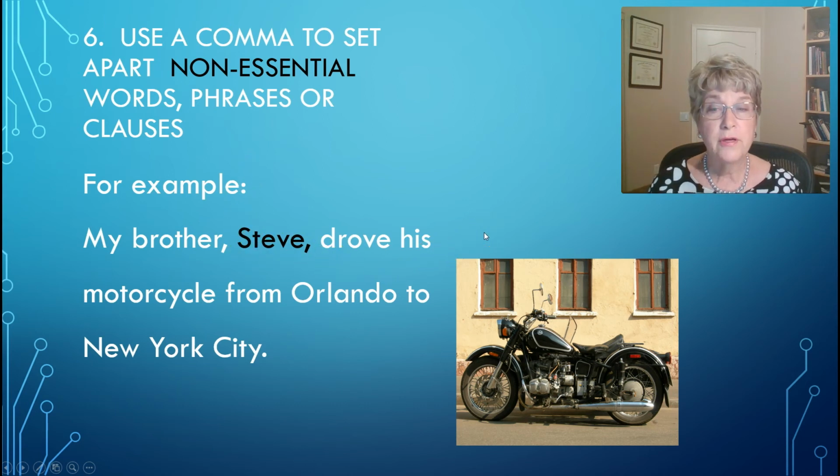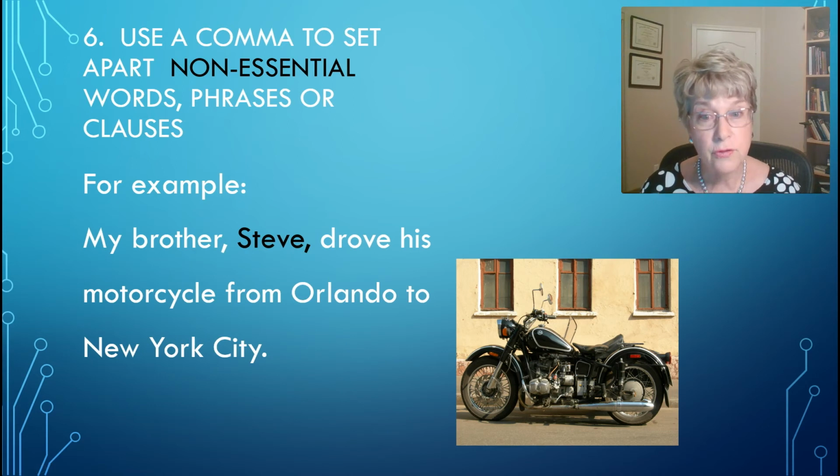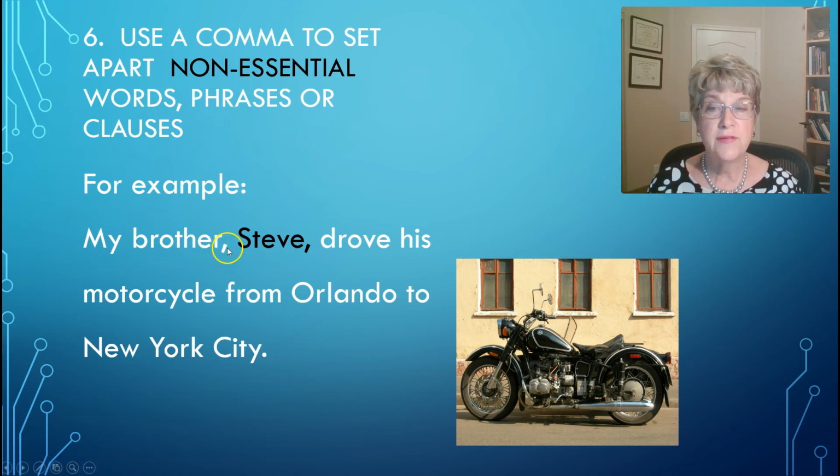My brother, comma, Steve, comma, drove his motorcycle from Orlando to New York City. Now, I said Steve because I have more than one brother, and I want this sentence to indicate that it was Steve who drove from Orlando to New York City. And notice how that's set off with commas.